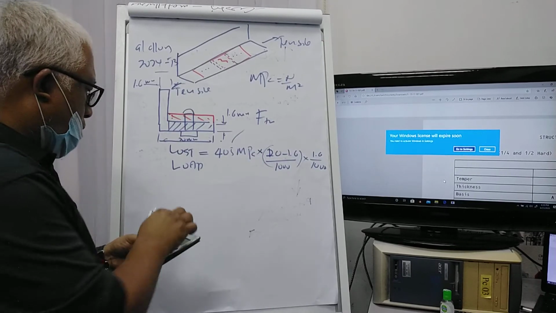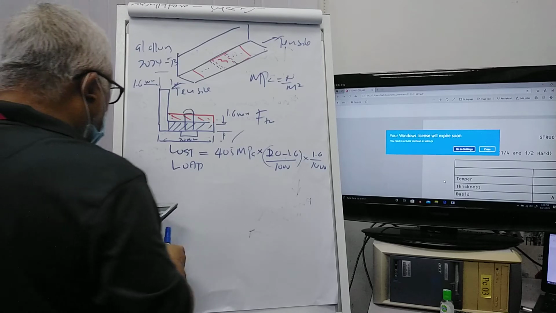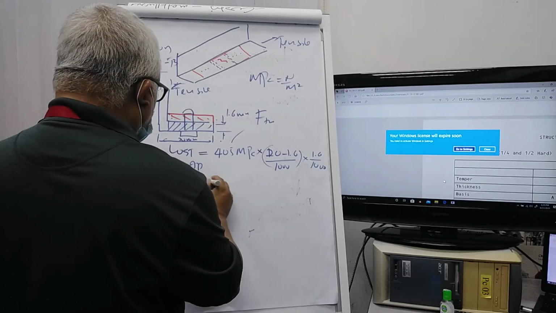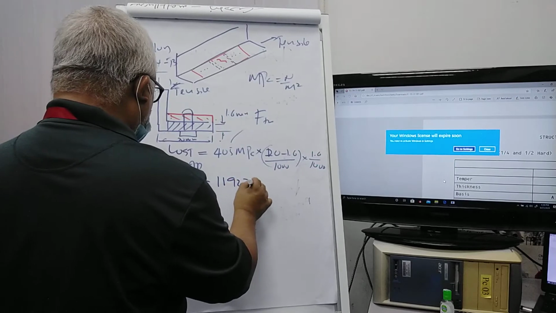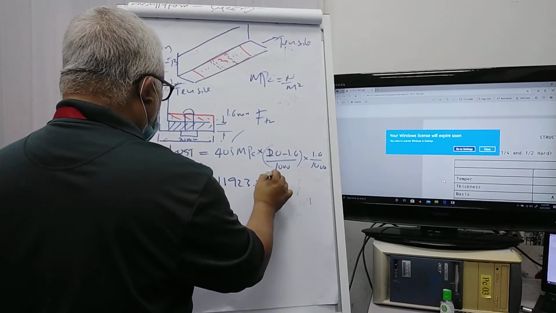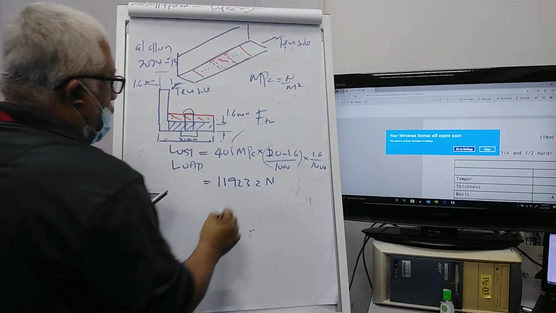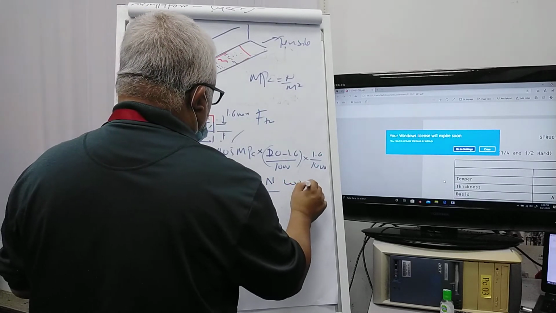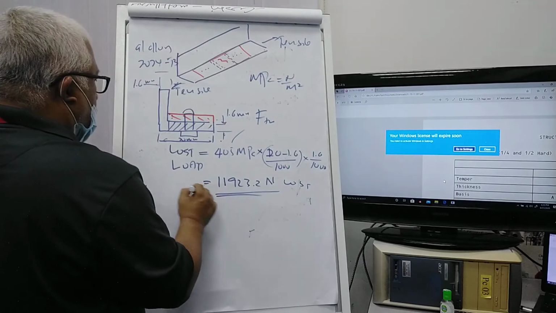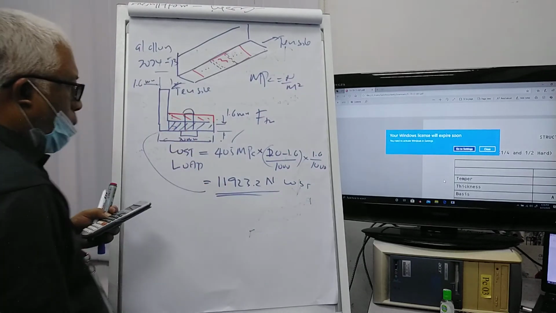So we have 11,923.2 Newton. So this is how much we lost, because we lost this area.